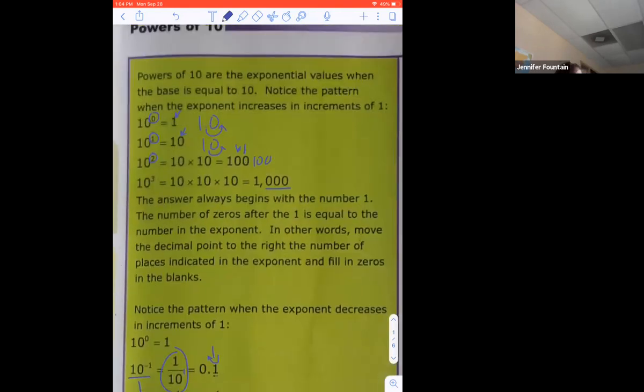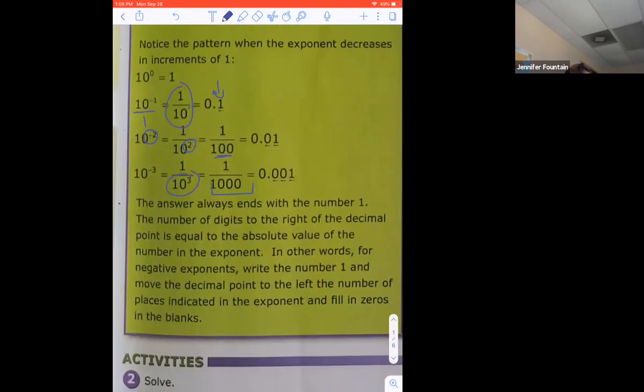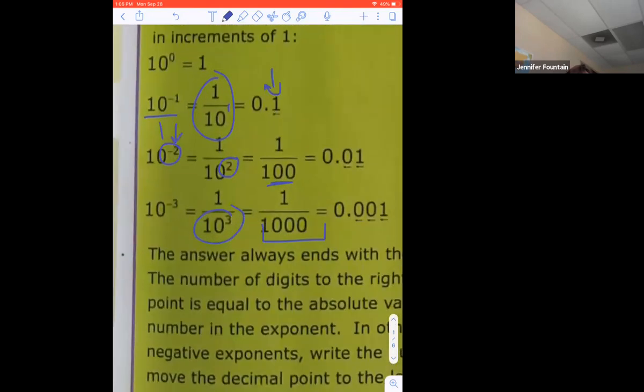So earlier when we looked at the exponent, we looked at the number, and that told us how many zeros would follow the 1. Now we're flipping it and saying, okay, well that exponent, so that 2 right here tells me I would move my decimal 2 places over. That 3 tells me I would start at the 1 and move the decimal 3 places over. 1, 2, 3, okay?